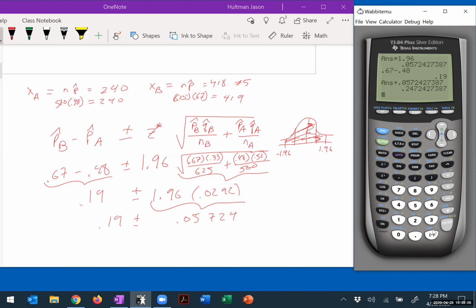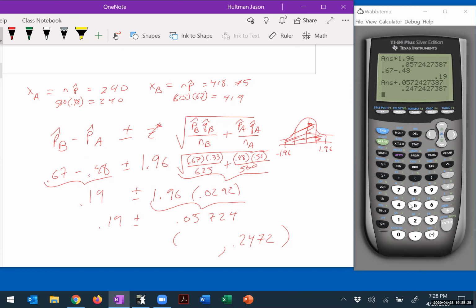And I get my upper, which is 0.247, we'll say 0.2472. That's my upper.